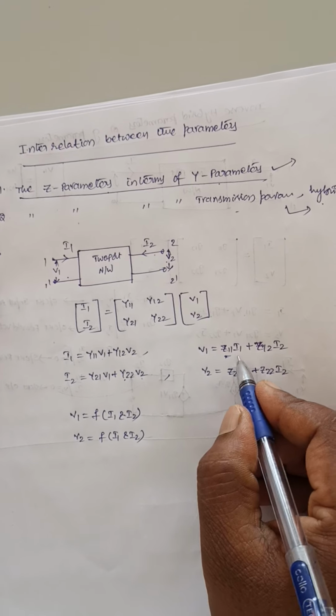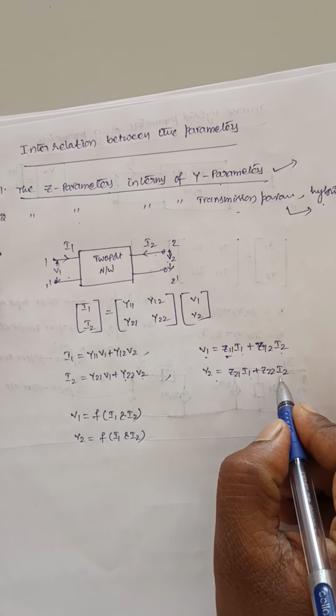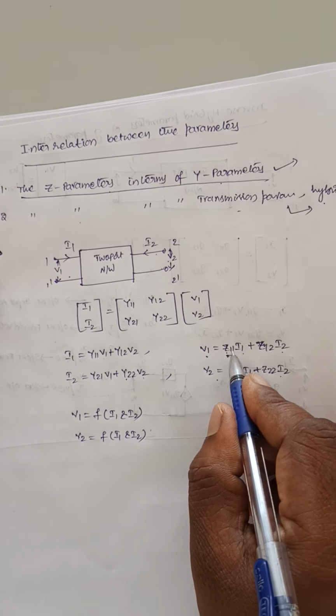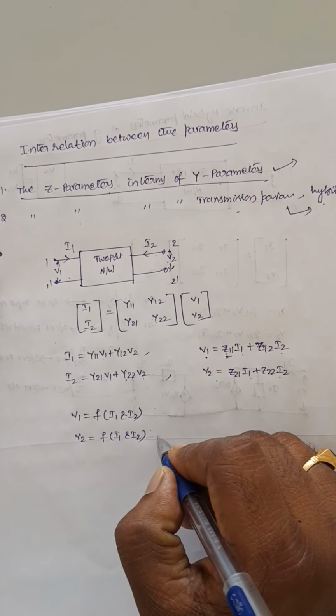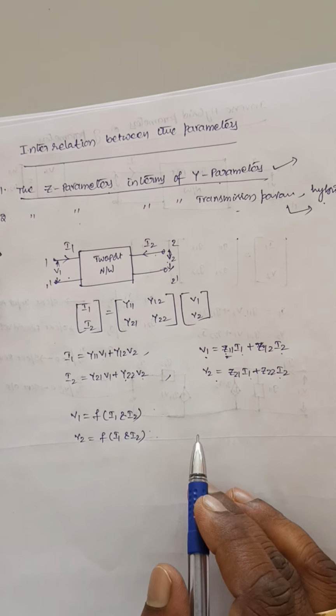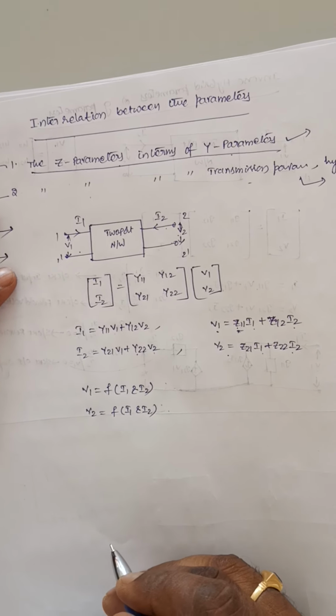Here also V2 should be a function of I1 and I2. Here also V1 is a function of I1 and I2, V2 is a function of I1 and I2. By comparing these two equations with these two equations, we are able to find the relation between these Y parameters and Z parameters. How it is, I am going to derive here.